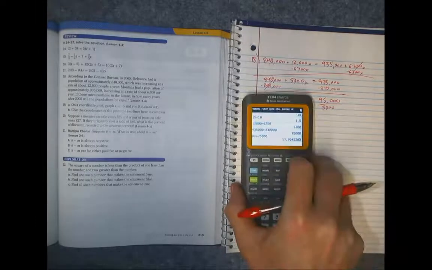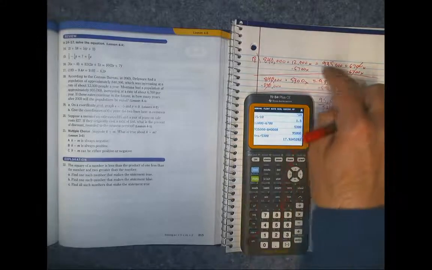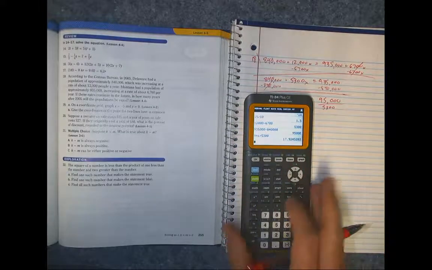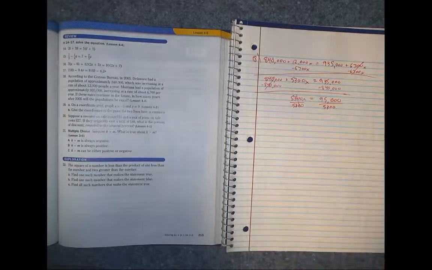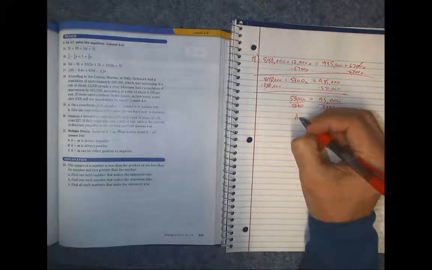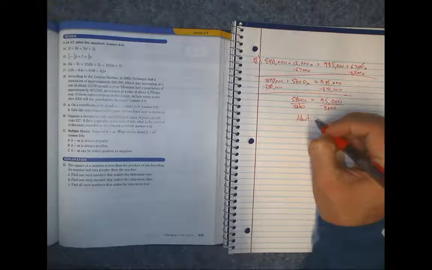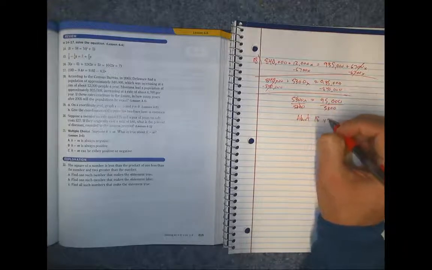And this is the answer that I get, 17.9. Remember what x represents. X represents years. So it's just about 18 years. So your final answer is, they'll have the same population in about 18 years.